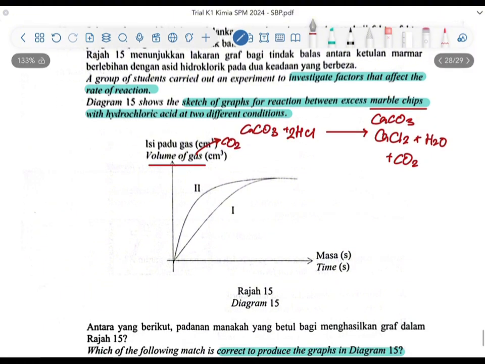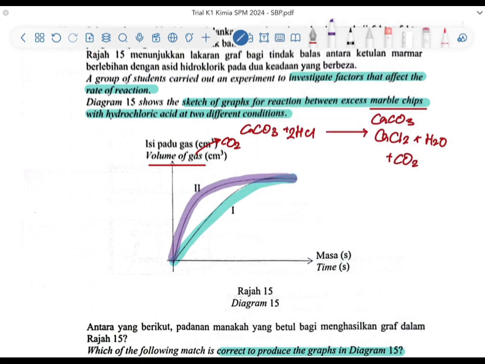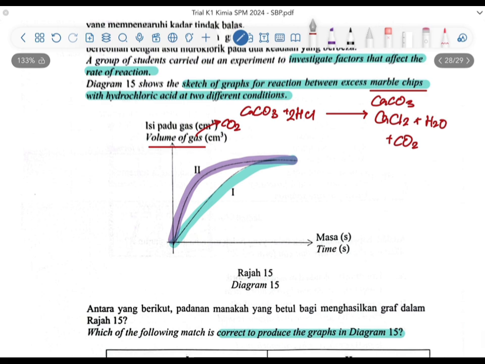So among the first graph, which is the green color curve, and the purple color curve, how do we know which one has a higher rate of reaction? Okay, we know that the answer is 2, which has a higher rate of reaction, meaning that the reaction completes in a shorter time.